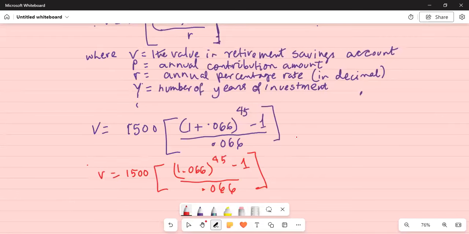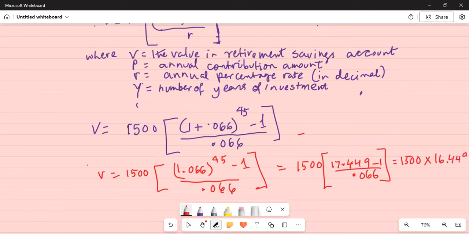Okay, so if I do my exponentiation inside the parenthesis, I get V is equal to 1500 times 17.449 minus 1, divided by 0.066, which finally can be written as 1500 times 16.449 divided by 0.066. Okay.